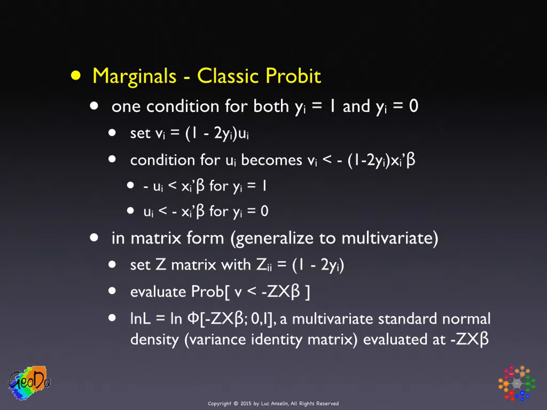So in the notation of Baron and Vijverberg, the log of the likelihood uses a multivariate standard normal density where the bounds are minus Zx beta, the mean is 0, and the variance covariance matrix is an identity matrix I. So it's evaluated at negative Zx beta, right?